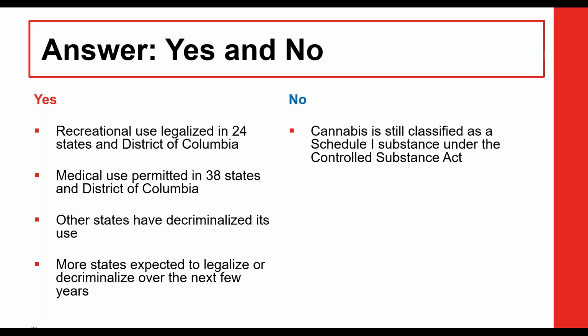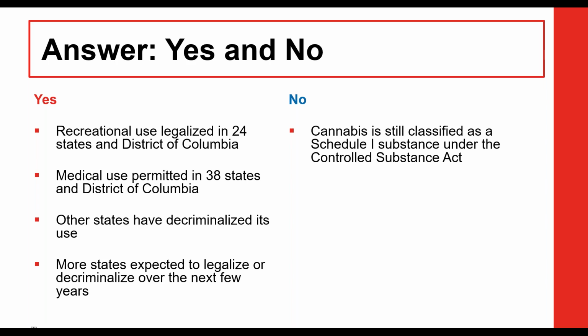As my colleague Matt will talk to you about in a little bit, the federal regulations still classify marijuana as a Schedule I substance under the Controlled Substances Act. By way of background, Schedule I substances are considered to have a high potential for dependency and no accepted medical use. So that makes the distribution of cannabis a federal offense.